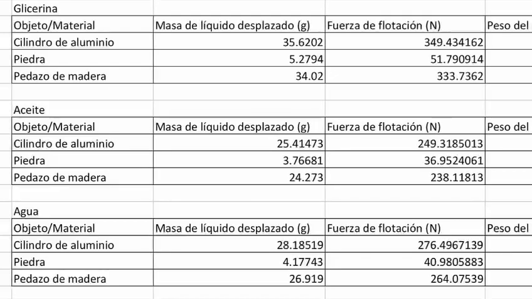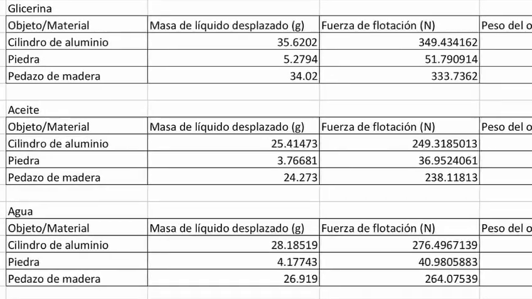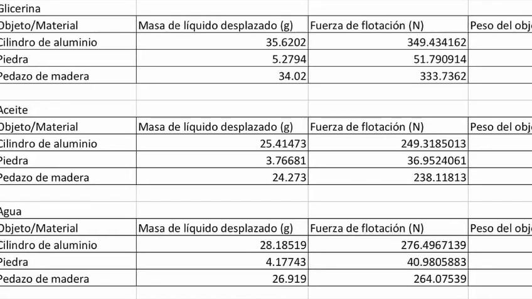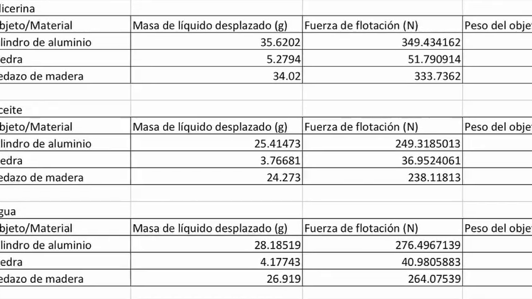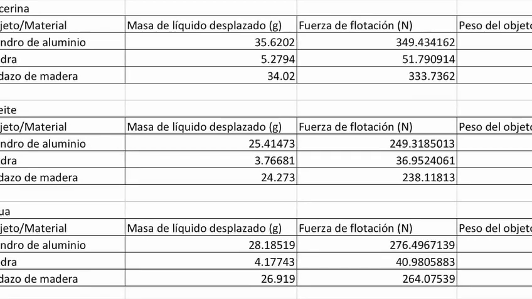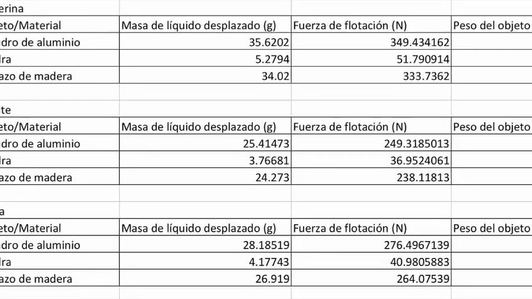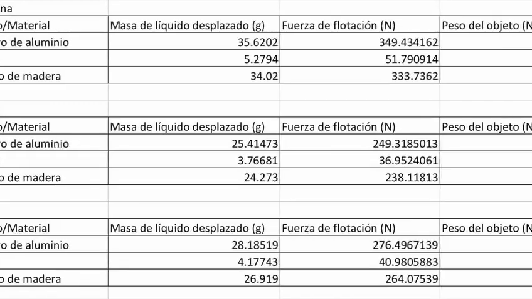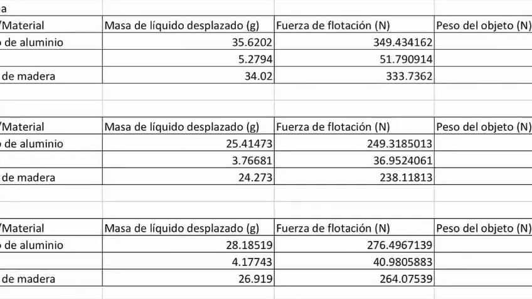With all the obtained data, now we can make the calculations for the mass of displaced water. This is obtained by multiplying the object volume times the water density. Then with the mass of displaced water, we can calculate the buoyant force, or buoyancy force.